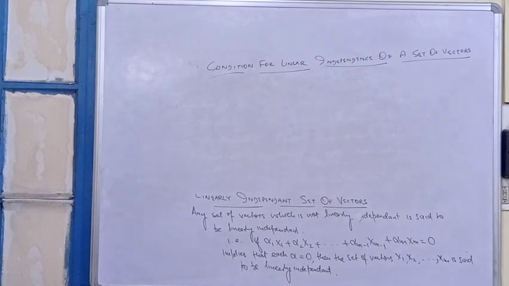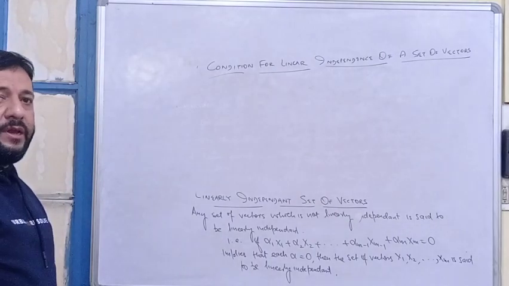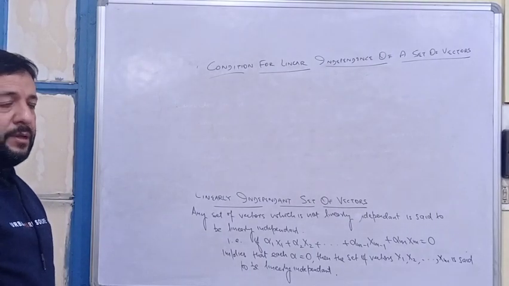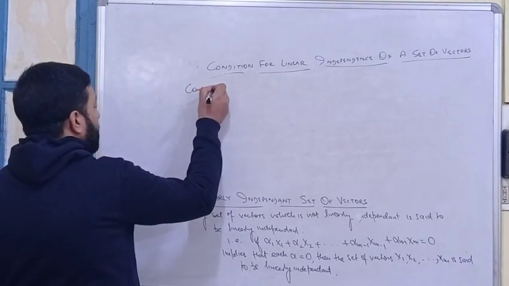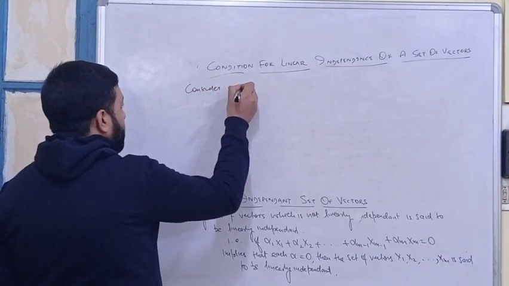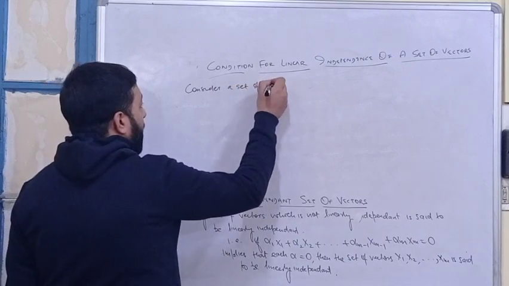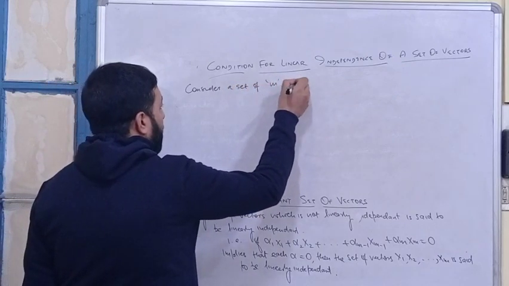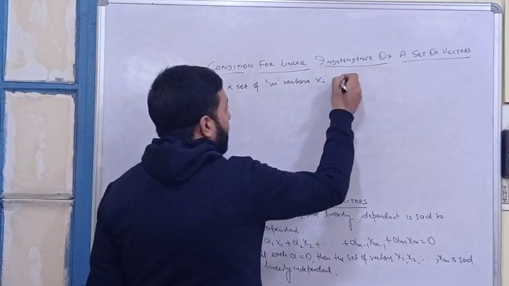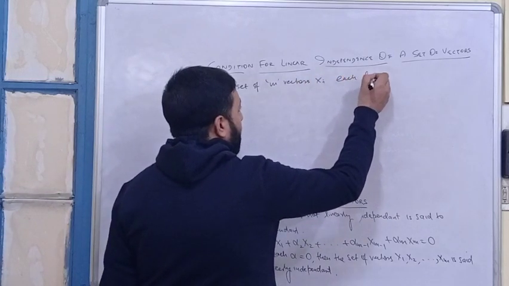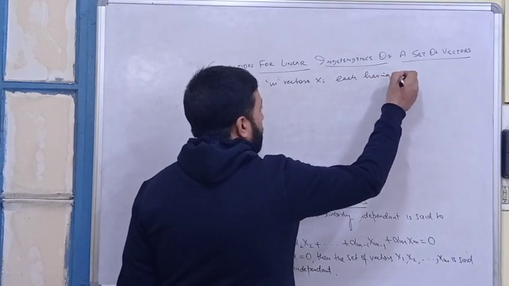So how do we test whether a given set of vectors is linearly independent or linearly dependent? Yes, sir. So we'll consider, जैसे हमने अभी किया, consider a set of m vectors, है ना, xi, each having n components.